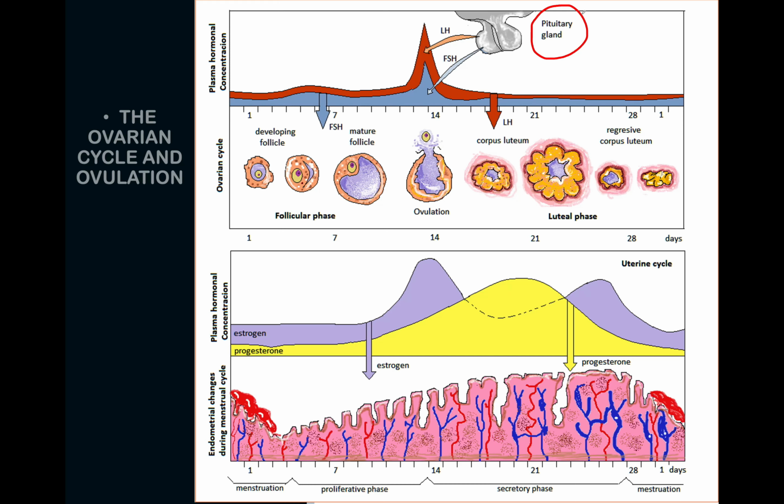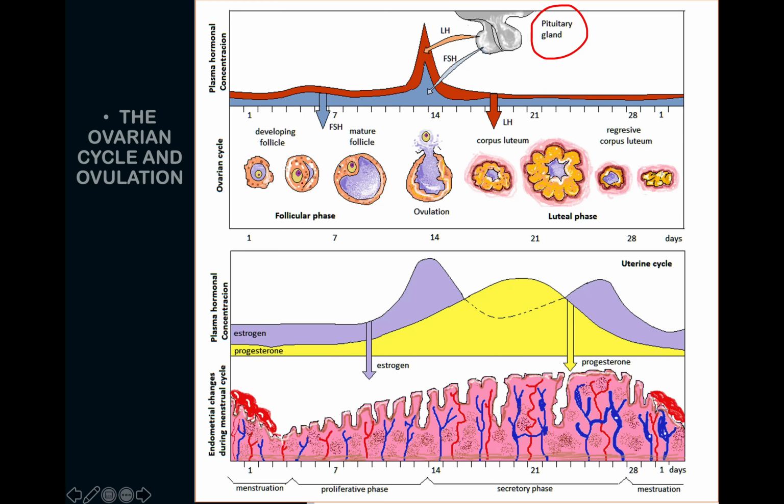When the pituitary gland starts producing FSH, you'll find that the FSH levels start to rise or start to increase, okay? And when the FSH levels start to increase, it's going to stimulate the development of the Graafian follicle. And inside the Graafian follicle, we will notice that there is a mature ovum.